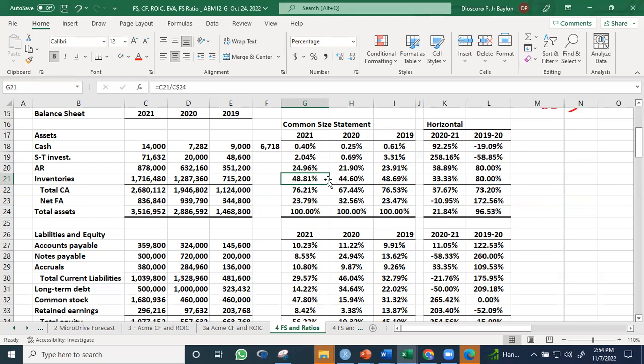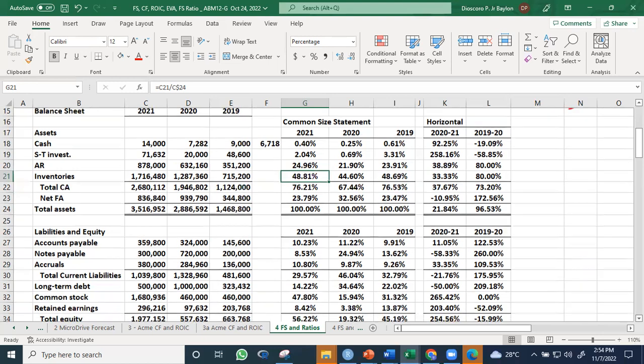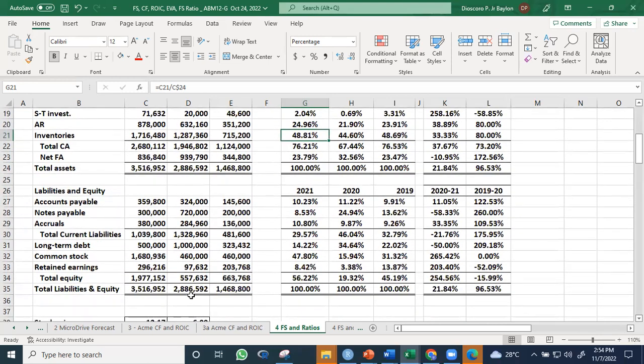But it should not prevent the company from analyzing how the asset base of the company is able to manage its assets. Okay, and same thing with the liabilities and equity. Is the company really highly leveraged? Because here we can see that total equity is 19%.